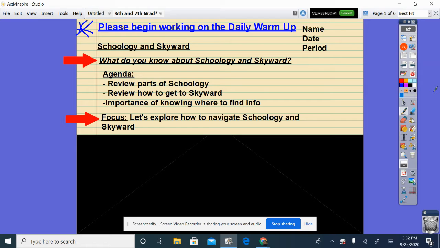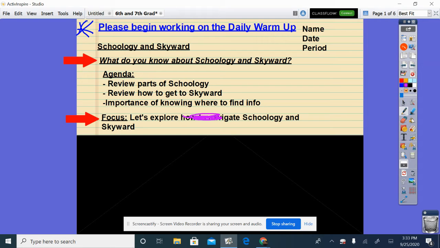Our focus is always a let's statement. Let's explore how to navigate Schoology and Skyward. Let me do a quick demonstration of how I take notes. Instead of just writing down everything, I just write down what I need to know.